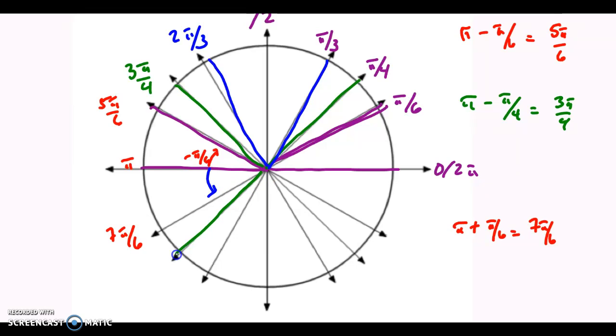I'm also going to do pi plus pi over 4, because this angle looks about the same as it would in the first quadrant using that reference angle. So pi plus pi over 4 is going to be 5 pi over 4. And finally for this one, I'll leave the math to you. That's going to be 4 pi over 3. Let me change the color.